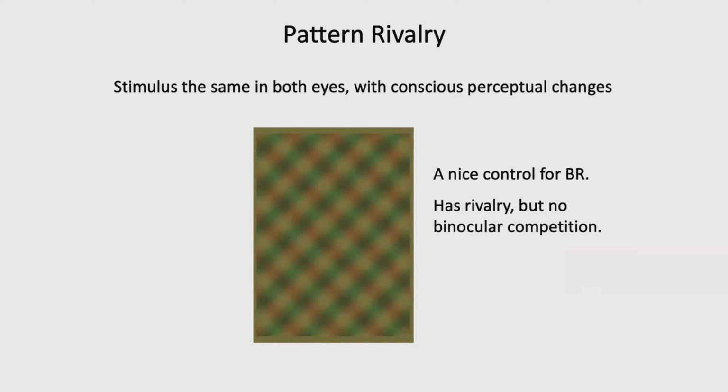And so that works pretty well. In this particular experiment we used this as a control of sorts, because all the rivalry mechanisms were still at play, but without the interocular competition.